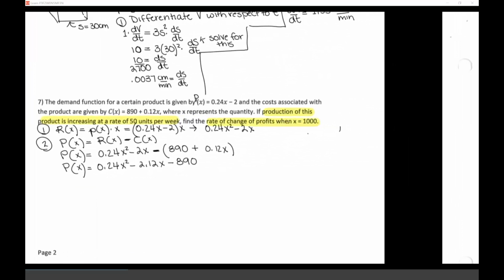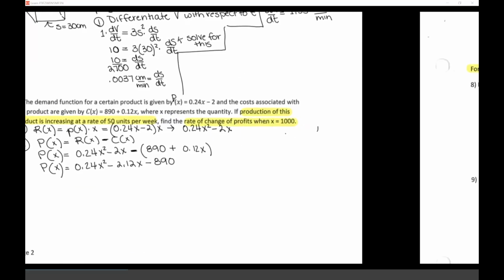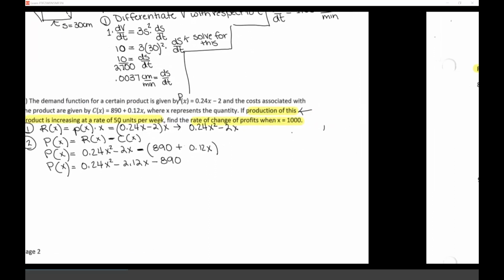So let me ask you, production is increasing at a rate of 50 units a week. How should I write that? What does that mean? It's a rate. How would I write it?